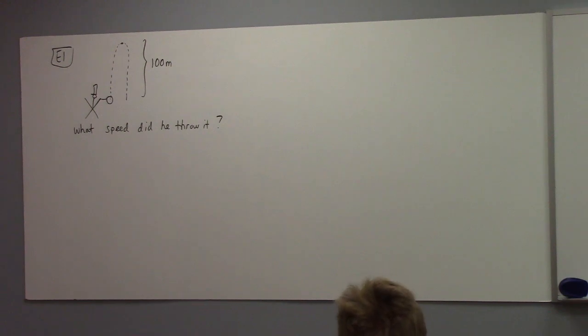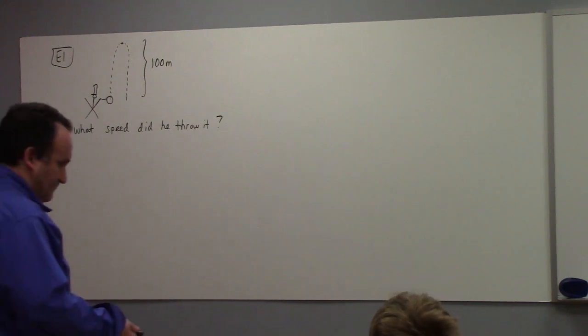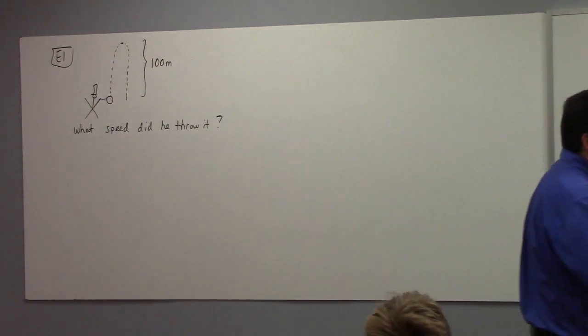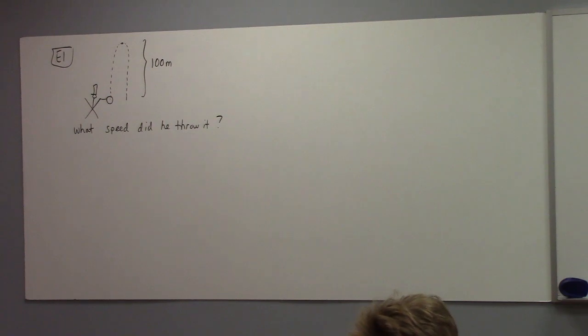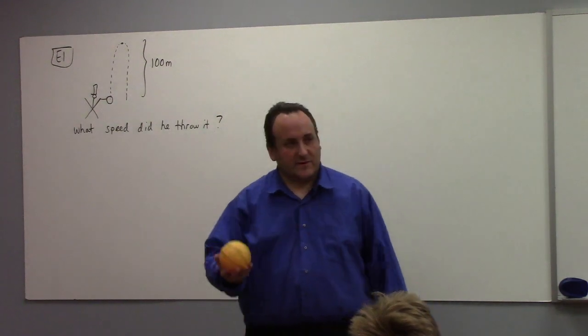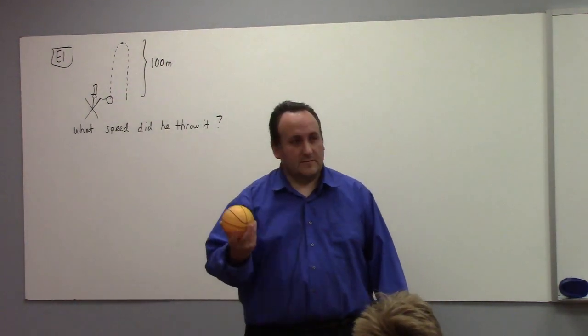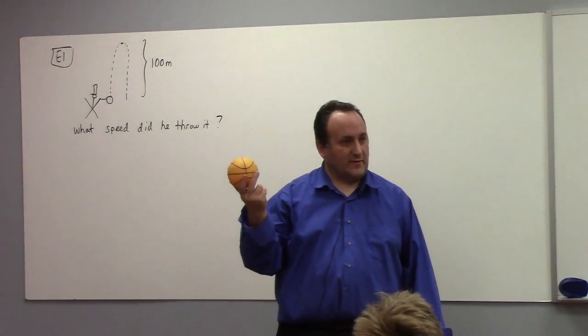What should I use? What should I not use? How about we don't do it the way I did it last time we asked this question, right? The last time I asked this question, what did I do? I measured the distance to the ceiling and some silly stuff like that. But it's essentially that same question I started with, right? And the way we did it before was we used the kinematic equations, right? But we don't need to do that anymore, right? We have a better way.